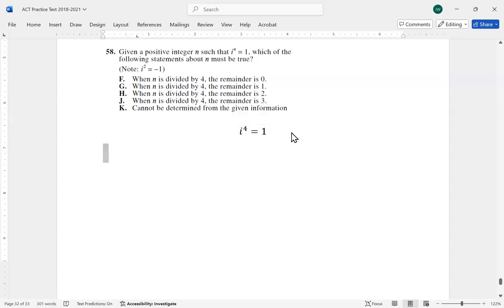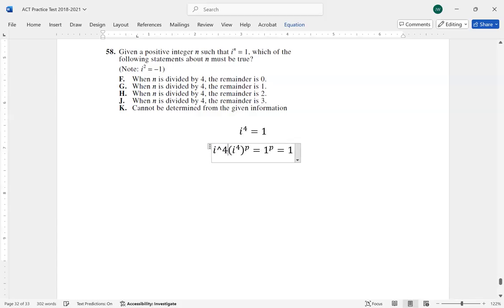And that means if I take i to the 4th power and then raise that to any integer power, I get 1 raised to the p power, which is still just 1, right? So now let's go backwards.